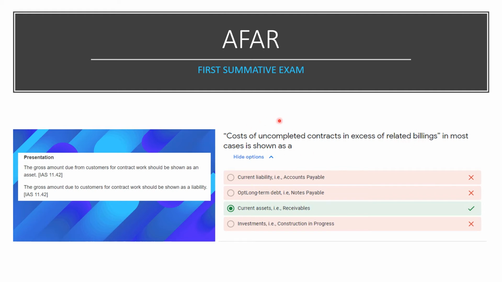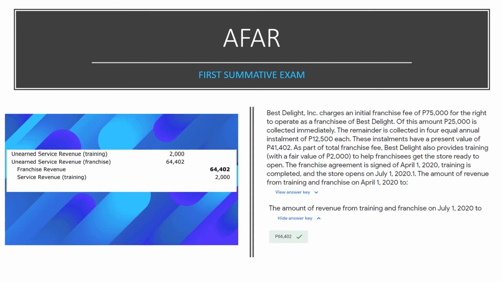So, mas malaki pa yung nagasto natin kaysa nakuha natin na billings from customer. So that will be our receivable, current assets here. Okay, so due from, may due from customers tayo. Kasi nasobrahan na yung cost natin kaysa sa nabayad ng customers. Receivables.